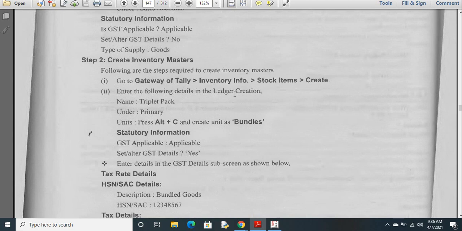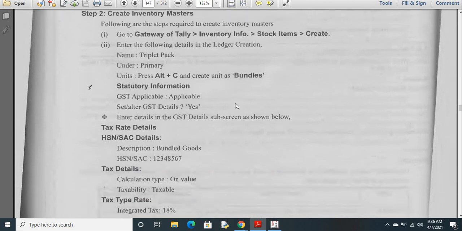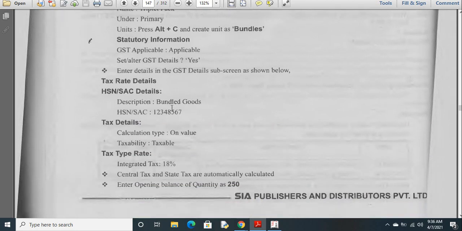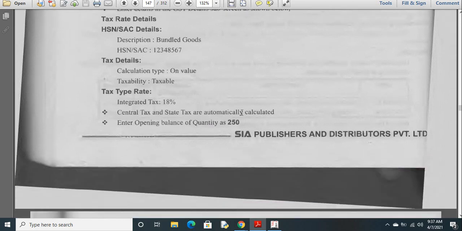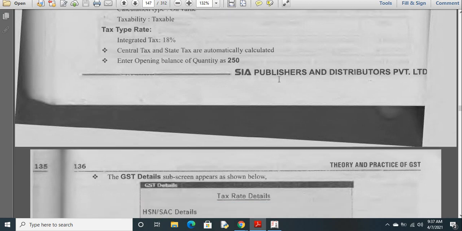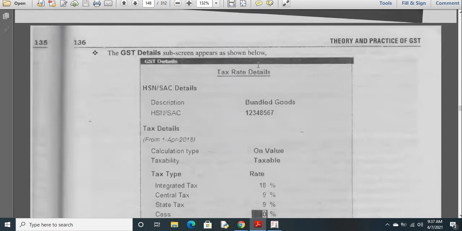Then we create the stock item, triplet pack, under bundles, with an HSN number. Calculation on value, it is taxable, tax type integrated tax at 18, so automatically it will calculate CGST and SGST. Enter the opening balance of quantity as 250.